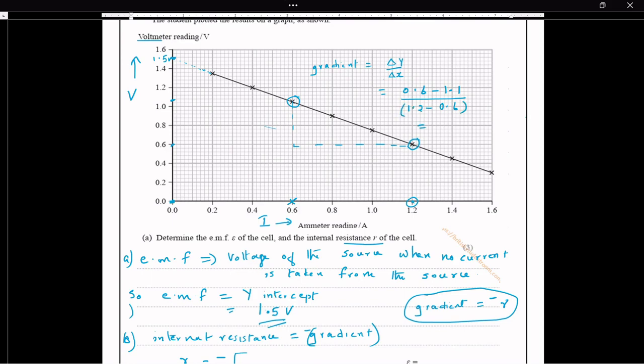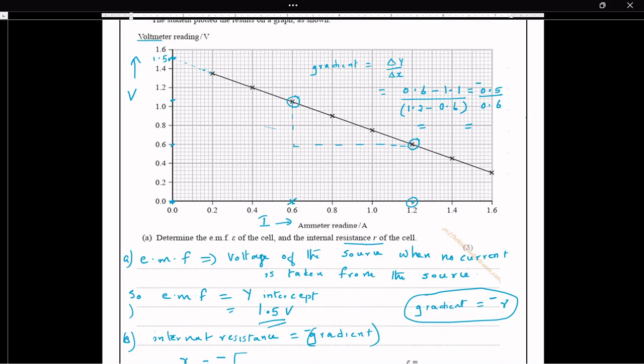On calculation, this gives 0.5 over 0.6, and with the negative sign, this is negative 0.83.